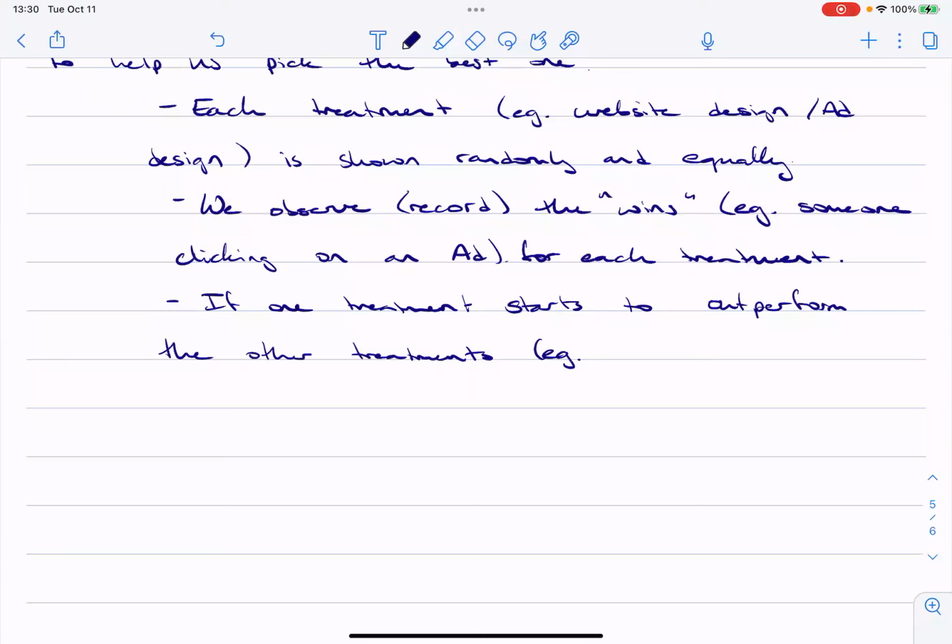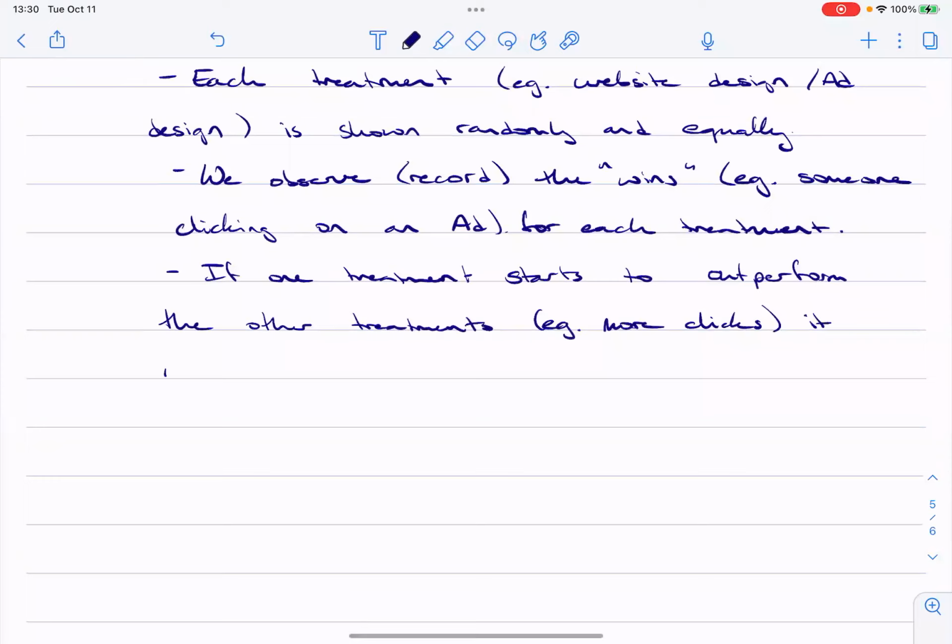So how do we measure if it's outperforming? Well, probably the clicks. So for example, more clicks, it will be shown more often.